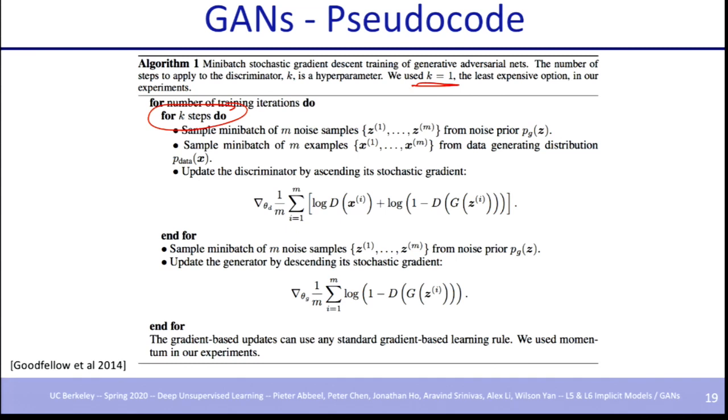Yes? For combating non-saturation, couldn't you have another term you multiply your loss by depending upon how confident your generator is and basically boost it up artificially by a factor of 10 or 100? Yeah, so the question is, can you play some hacks where, even though the derivative is near 0, you can boost it up and still recover some derivative?